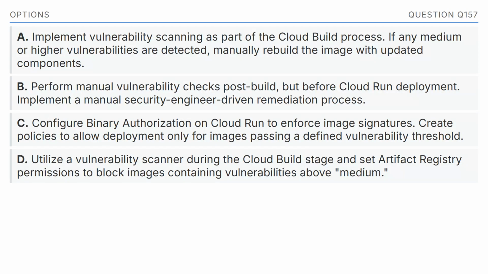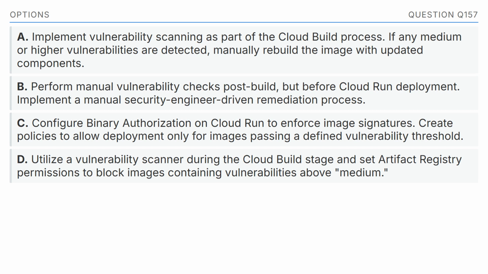The options are: Option A, implement vulnerability scanning as part of the Cloud Build process. If any medium or higher vulnerabilities are detected, manually rebuild the image with updated components. Option B, perform manual vulnerability checks post-build, but before Cloud Run deployment. Implement a manual security engineer-driven remediation process.